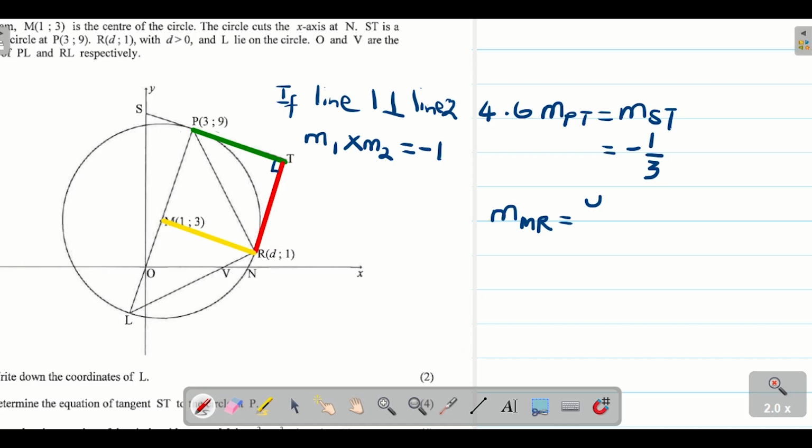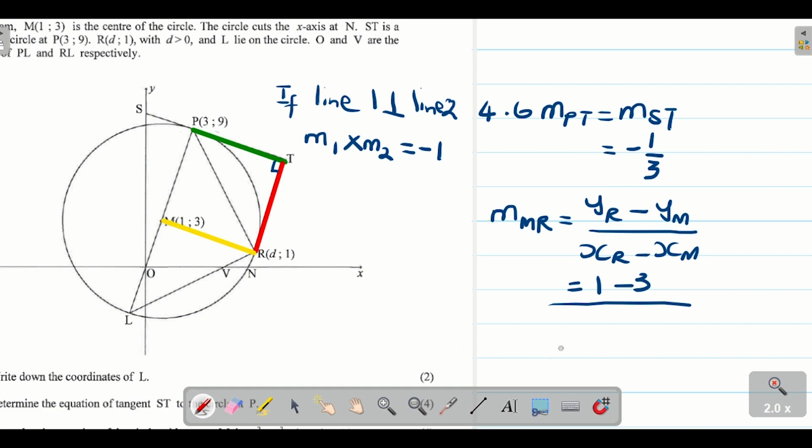We are gonna use the y value of point R minus the y value of point M all over the x value of point R minus the x value of point M. And this is equal to yR is 1 minus yM is 3, all over xR is 7.